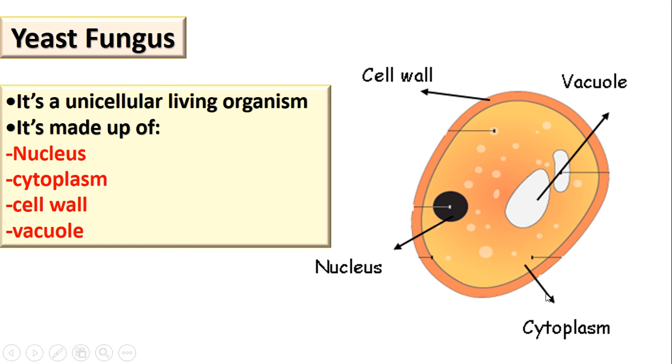The cytoplasm fills the space inside the cell, and the cell wall supports the cell from outside and gives it a fixed shape. And we have the vacuole, which stores the food. So the yeast fungus cell is made up of nucleus, cytoplasm, cell wall, and vacuole.